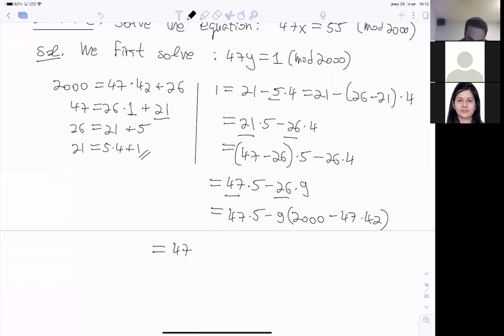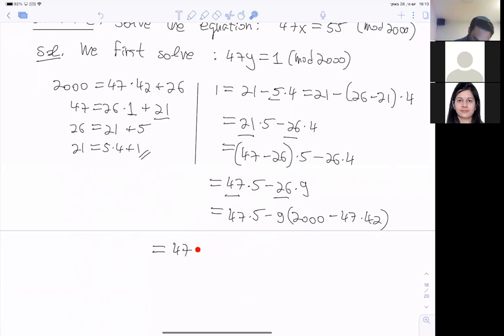So how many times do I have 47? 5 times here, and so 9 multiplied with 42, plus 5.